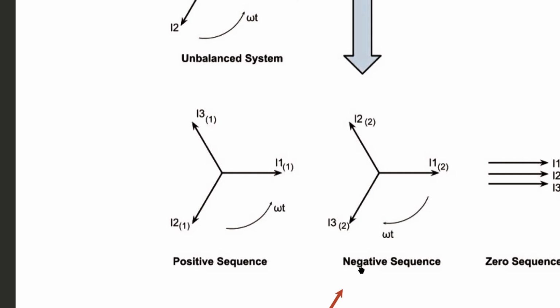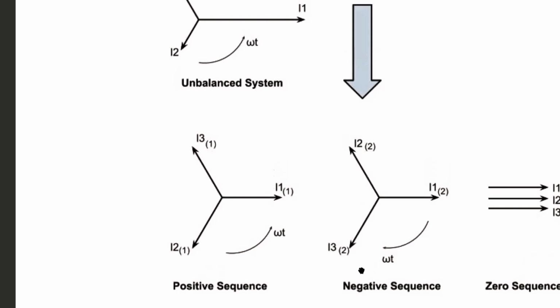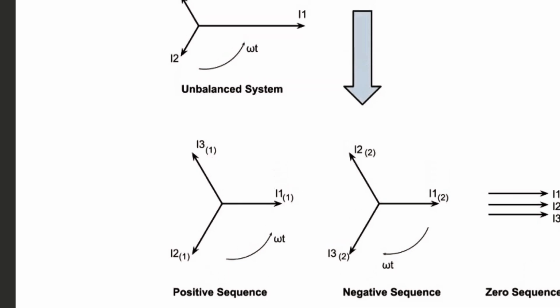It depends upon the magnitude of this negative sequence component, which depends upon the unbalancing of the three different currents I1, I2, and I3. The third one is the zero sequence component. This does not do anything here, but it is used in the stator overcurrent protection.